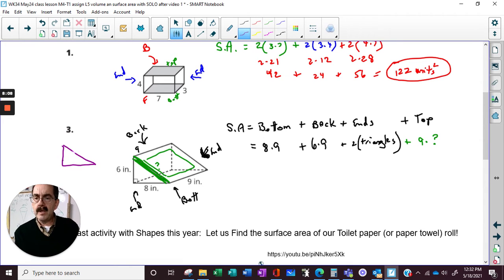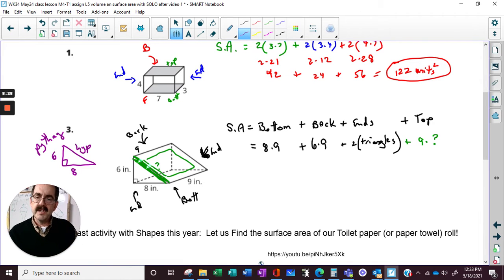It's a right triangle. If this is 6 and this is 8, how do we find the hypotenuse? Come on. That guy's name is Pythagoras. What did Pythagoras say? Something squared plus something squared equals something squared.